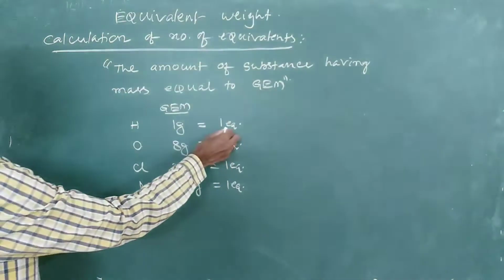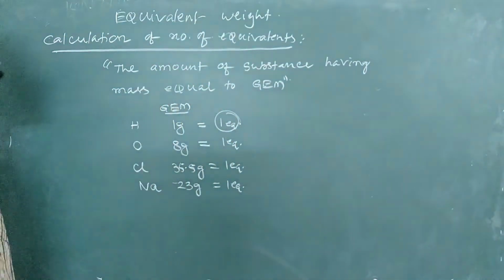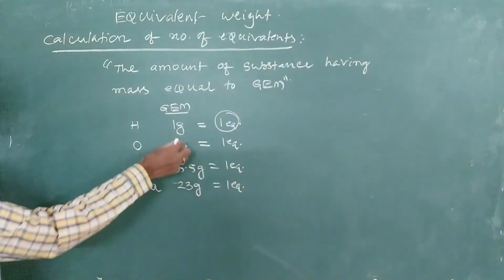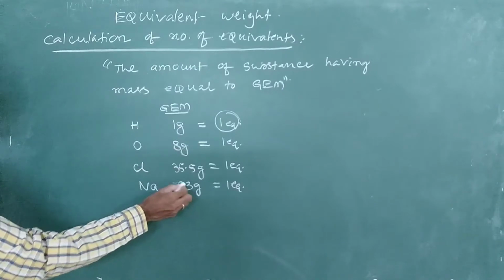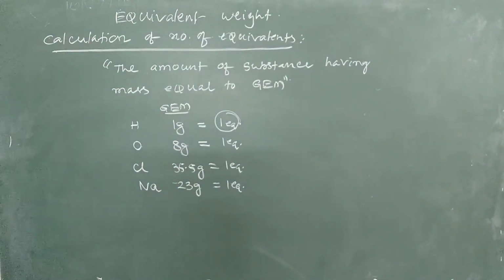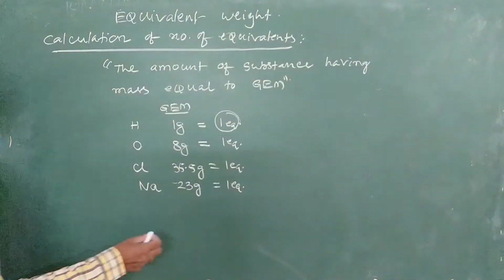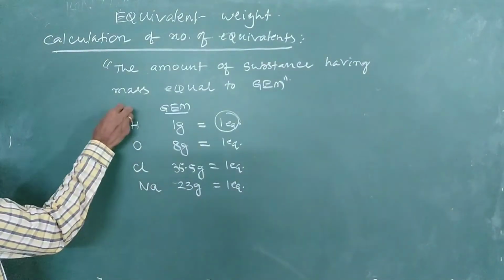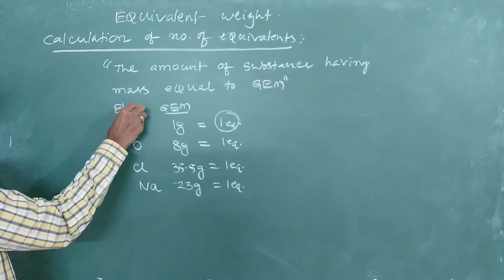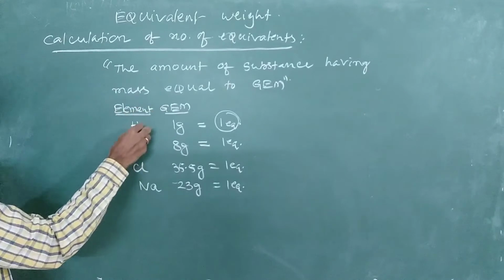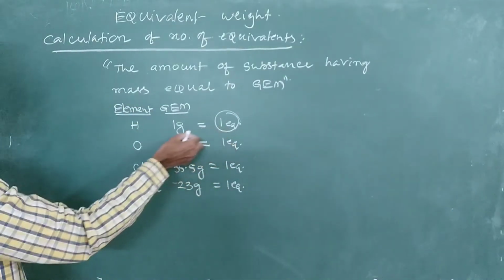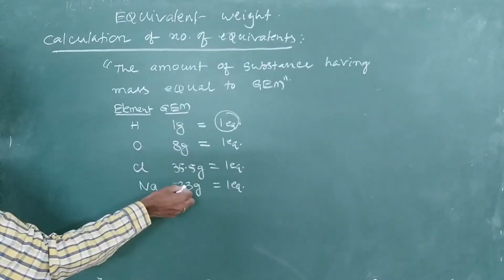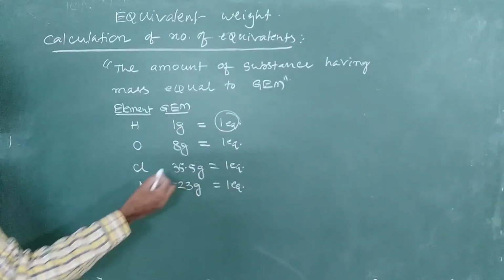So an equivalent is the amount of substance equal to the gram equivalent mass. The amount of substance having mass equal to gram equivalent mass is known as 1 equivalent. So for different elements like hydrogen, oxygen, chlorine and sodium, the amount of substance varies. One equivalent has different amounts of substance.